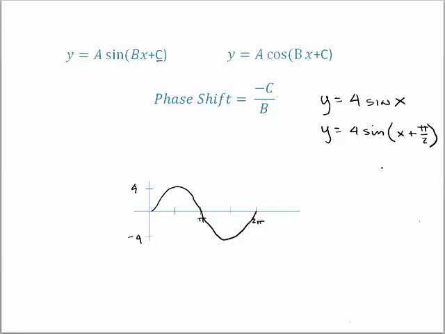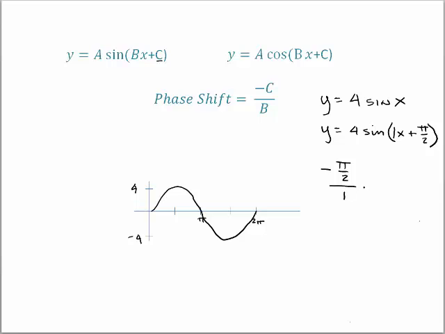Sorry. Okay, now our phase shift will be negative C over B. So C, we take the negative sign, and C is pi over 2. And then B, in this case, remember that's a 1 in front of there, so that would be 1.